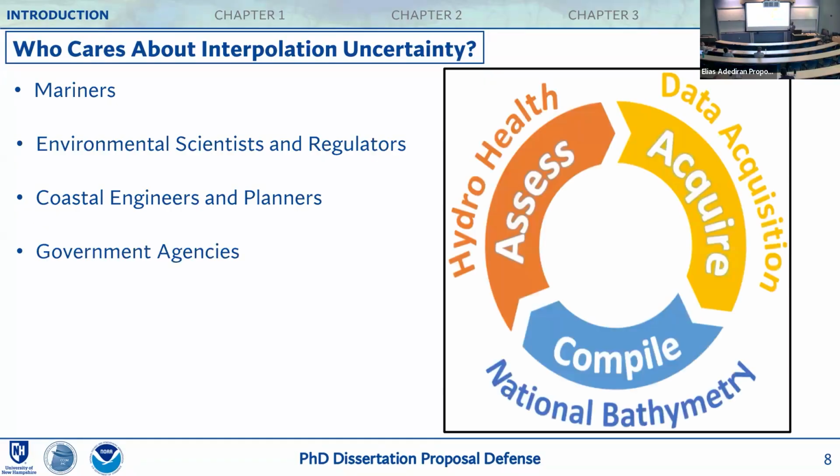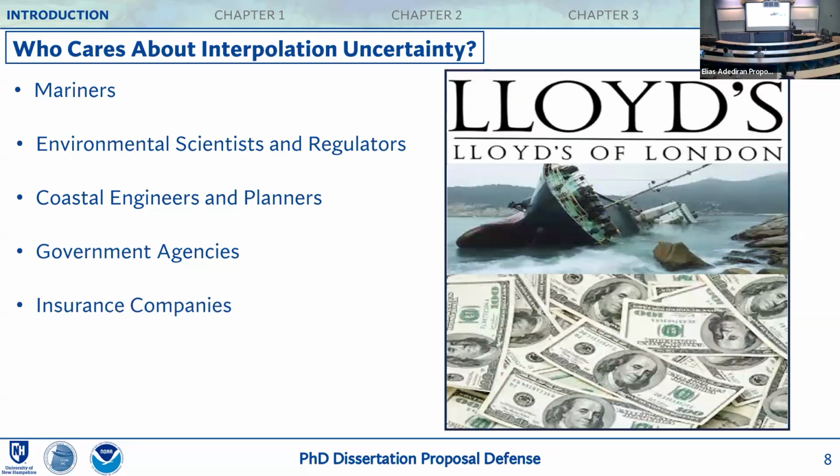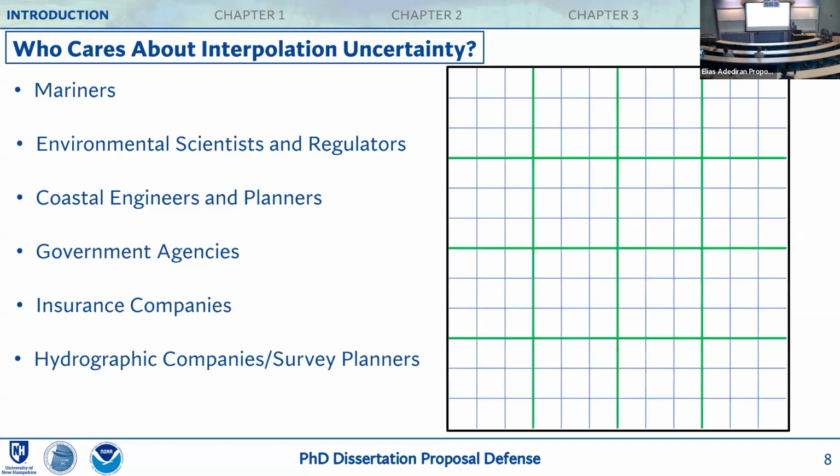Government agencies such as NOAA use uncertainty information to prioritize where they should be mapping, and also for supporting products like the MBS. Insurance companies probably care the most because, as we all know, money is involved, so they are usually very careful. Hydrographic survey companies also care, and so on.